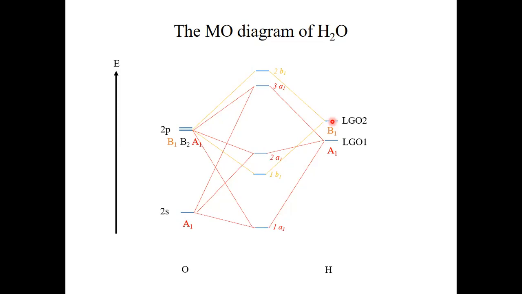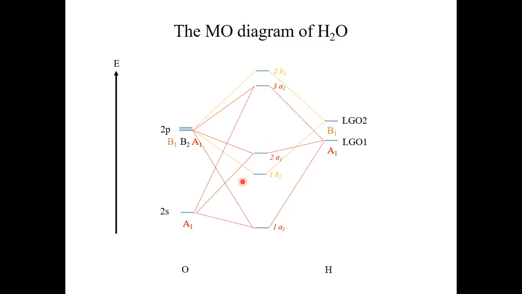All right, so as we construct our qualitative molecular orbital diagram, we cannot unambiguously determine the relative order of the energies of the molecular orbitals in all cases. For instance, it is not completely certain that the 3a1 has a lower energy than the 2b1 based on our qualitative estimates.